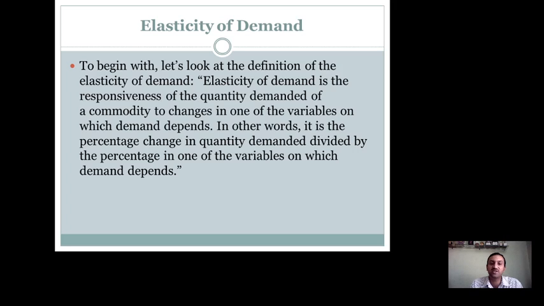Seeing this relationship, the responsiveness of how demand changes along with the change in the variables on which demand is dependent, is known as elasticity of demand. In other words, it is the percentage change in quantity demanded divided by the percentage change in one of the variables on which demand depends.